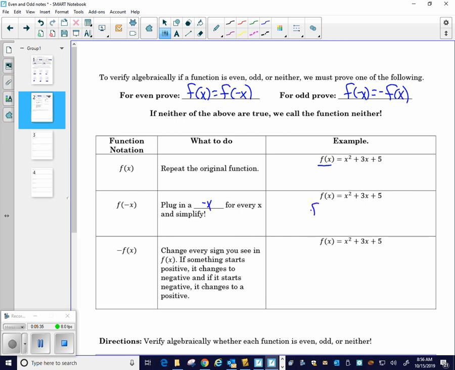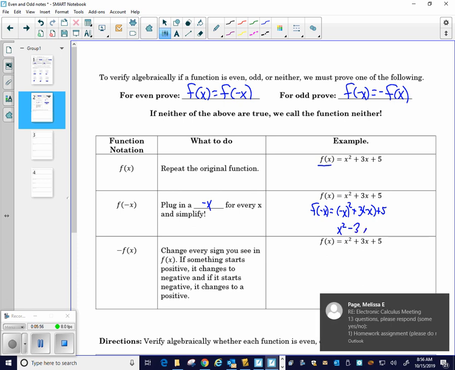And then we're going to simplify. So let's see, the negative x squared, so if you multiply negative x times itself, you get x squared. 3 times negative x is minus 3x, and then plus 5.